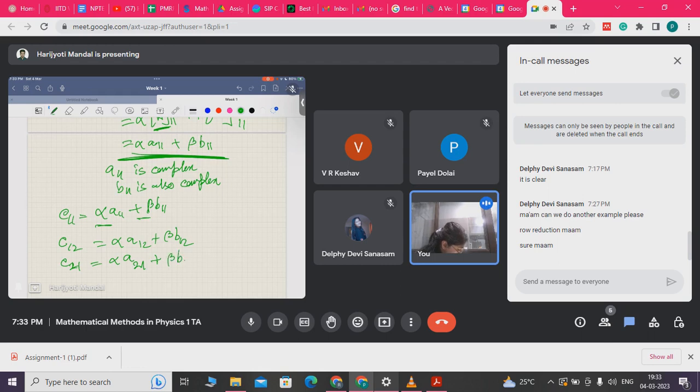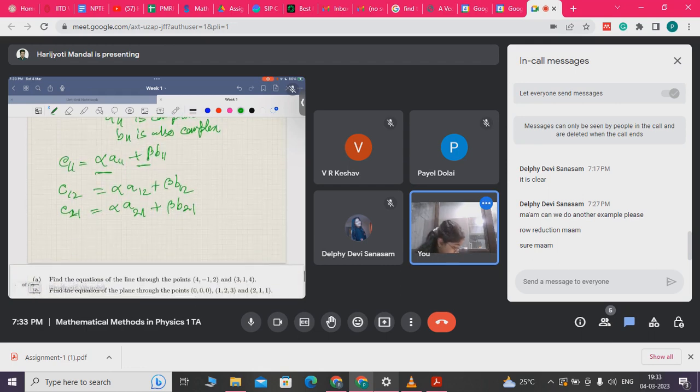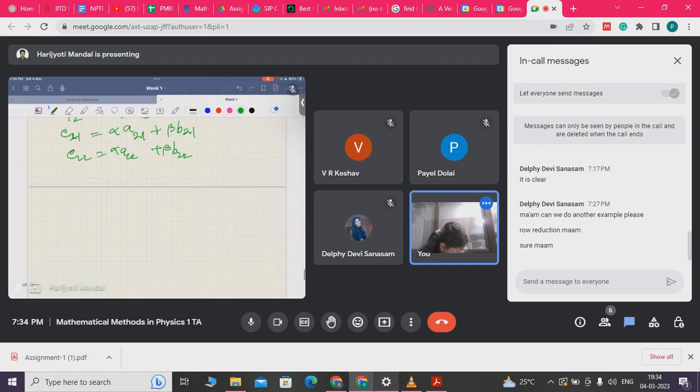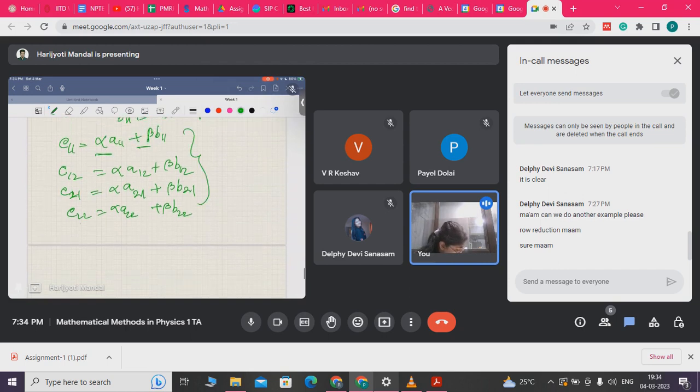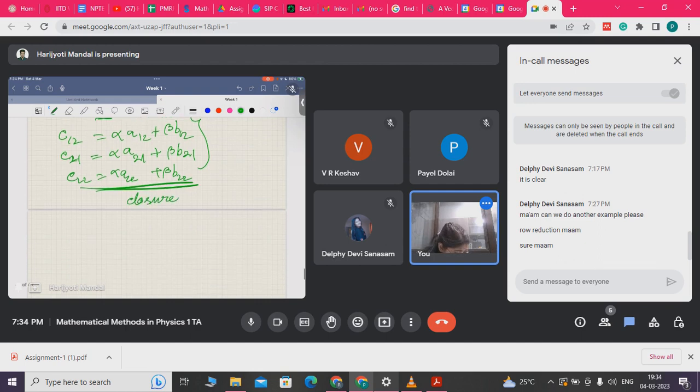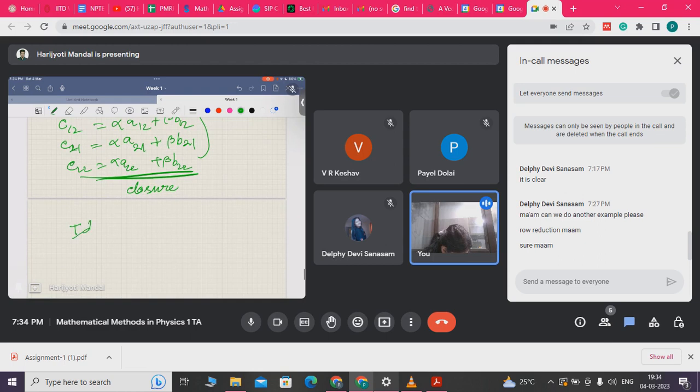Similarly, C12 is alpha A12 plus beta B12, C21 is alpha A21 plus beta B21, and C22 is alpha A22 plus beta B22. They are all complex numbers, so they satisfy the closure rule.